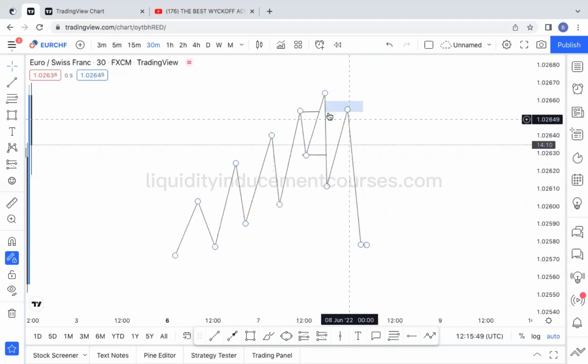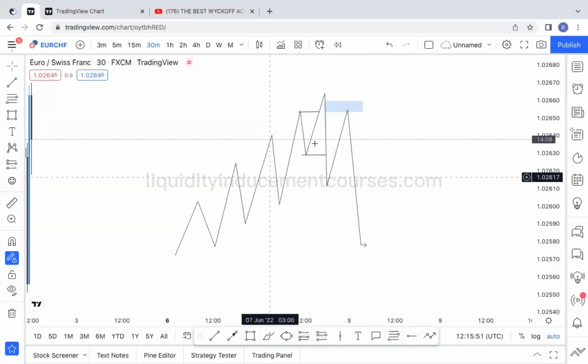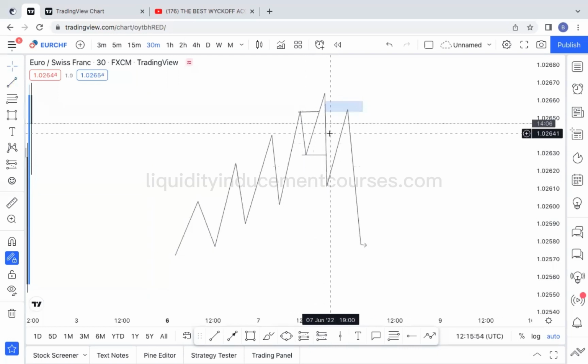Now, what makes this very authentic is that it must be reacting off a higher time frame zone, either a higher time frame supply level or demand level, or a higher time frame supply block or sponsorship candle or funded candle, whatever you choose to call it. But what makes it more convincing to take is when it happens off a higher time frame zone.